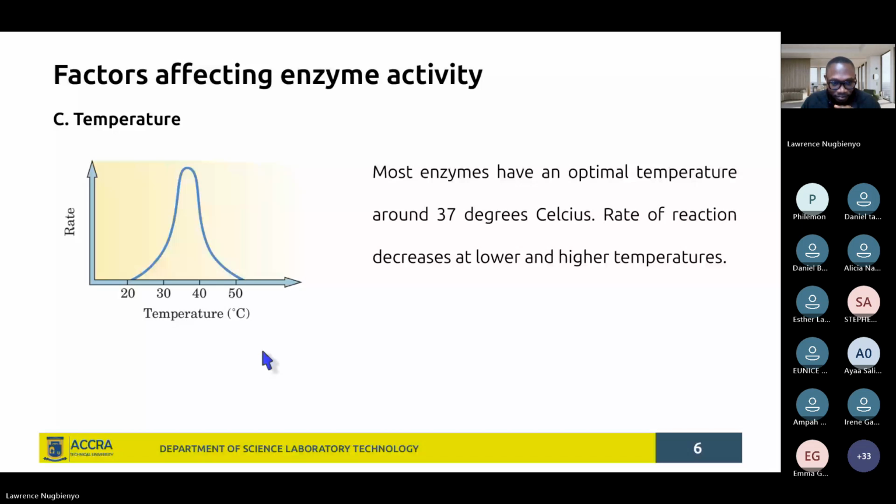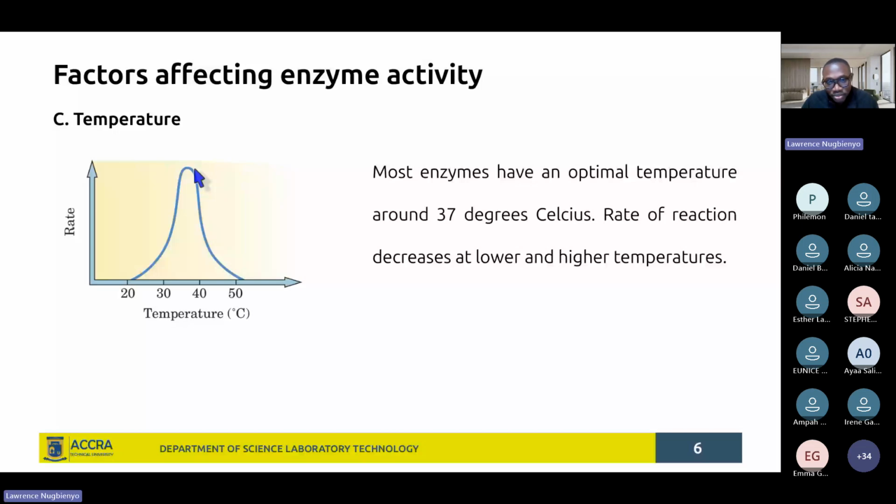Now, if you continue to increase temperature from that 37 degrees above, you know what it means when you have an increase of temperature above that physiological temperature, in 38, 39, 40 degrees.